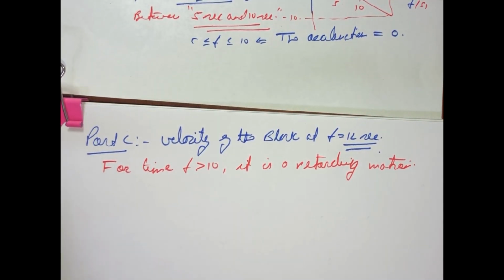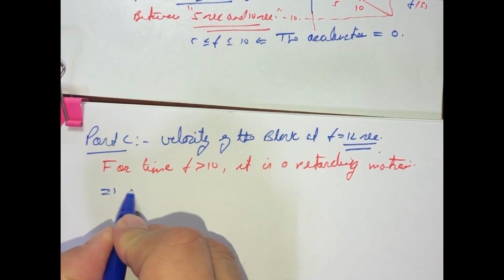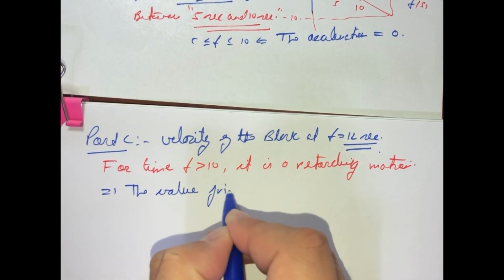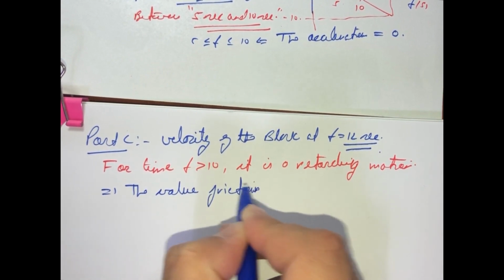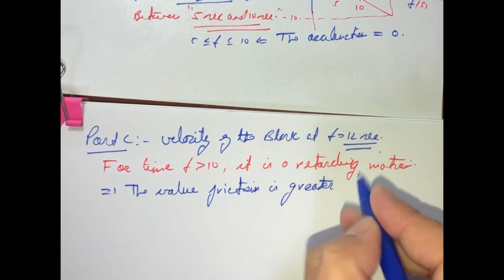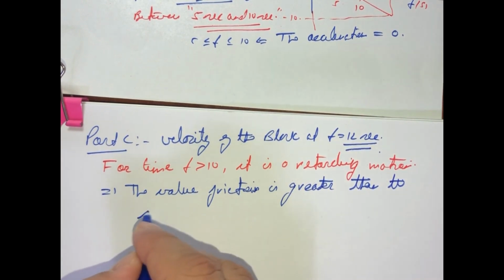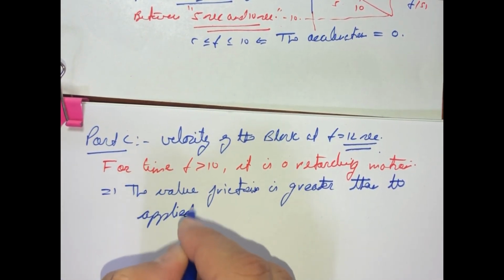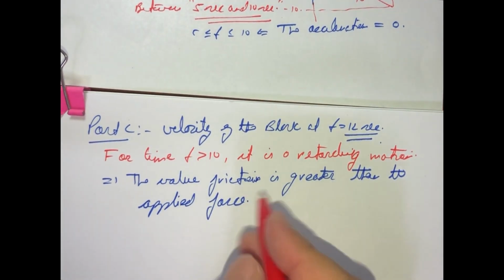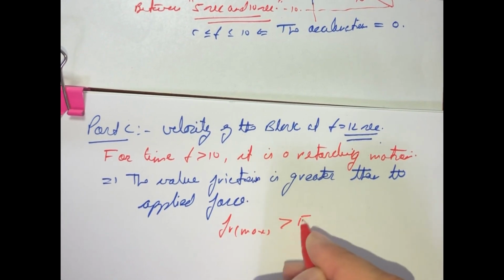Because of that retarding motion, we can also say that the value of friction is greater than the applied force. So it means Fr max is greater than F.